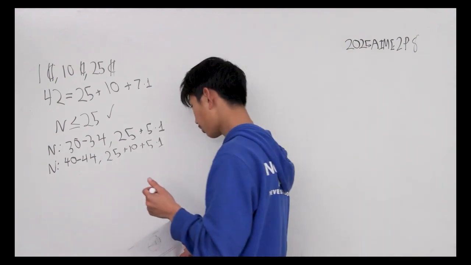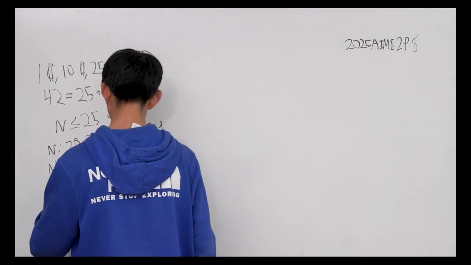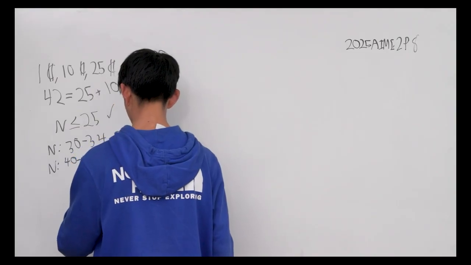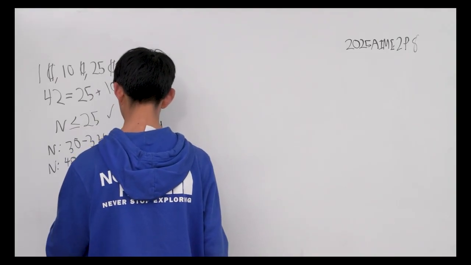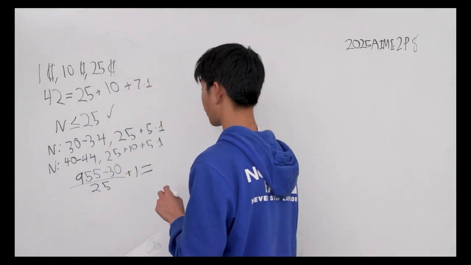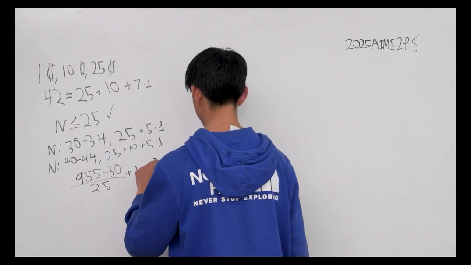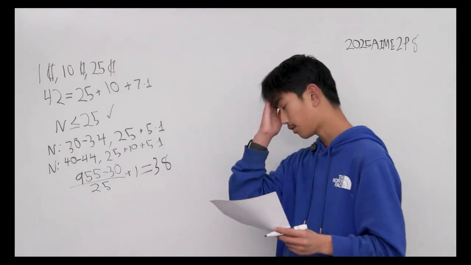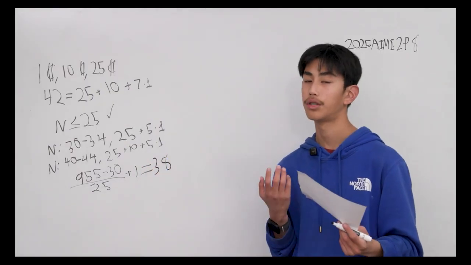So in order to calculate that, we do (955 minus 30) over 25, plus 1 for the starting values we already have. This gets us to 38, 38 cycles of 25 where 10 values don't work.